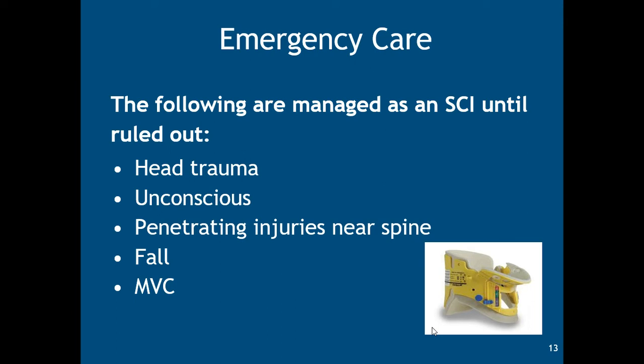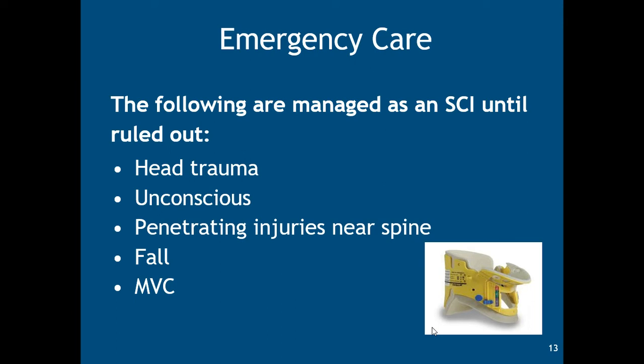The reason we do that is because any significant movement of the spine when there's an injury can result in further damage. We don't want further damage to happen. We want to do a very thorough physical and neurological exam, including reflexes. Usually the physician will do that.